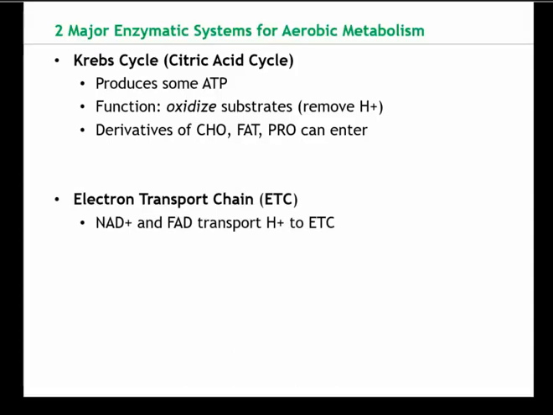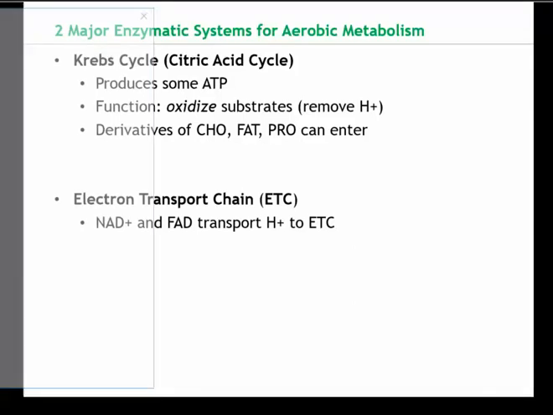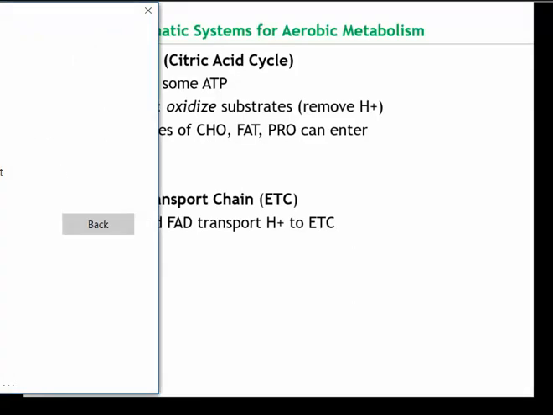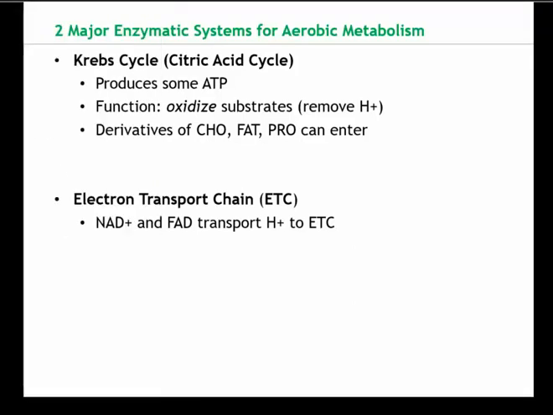And then the electron transport chain, which you'll see referred to in this lecture as the ETC. NADH and FADH are going to transport hydrogens to the ETC. We already know the role of NADH from chapter 2: it's a hydrogen carrier molecule, and FAD is also a hydrogen carrier molecule. So they're going to transport those hydrogens throughout the ETC.